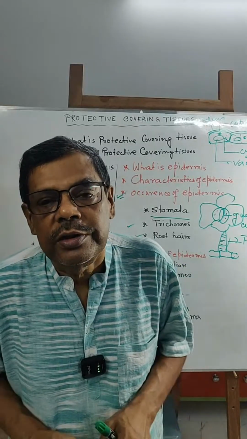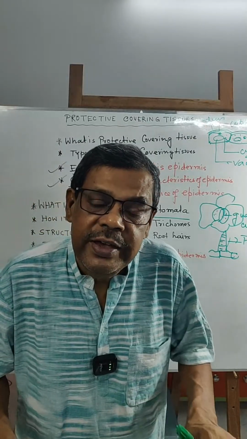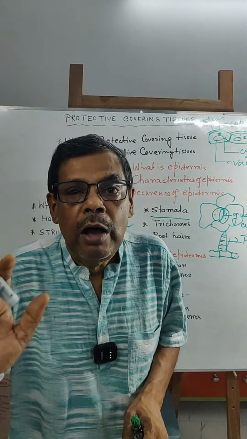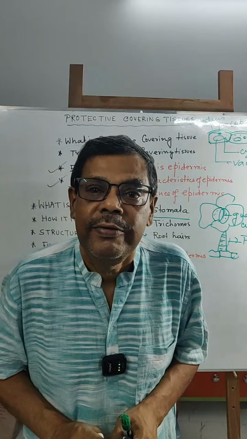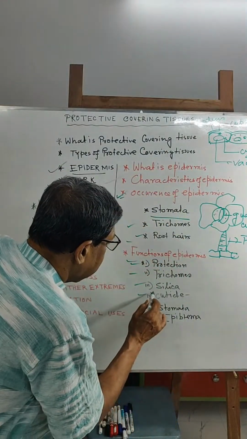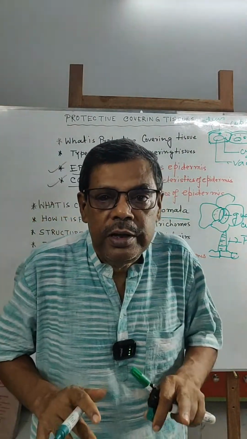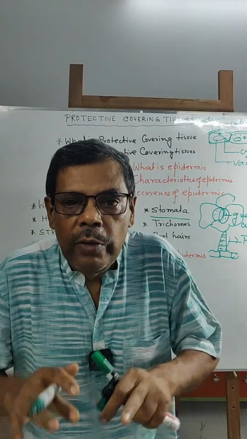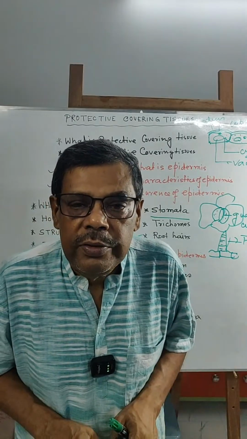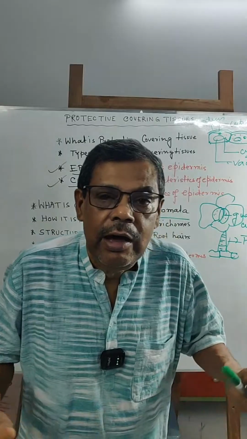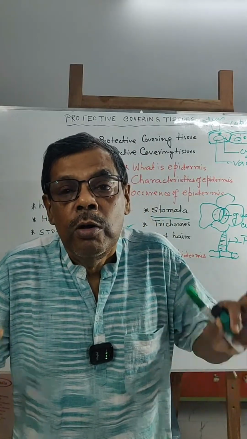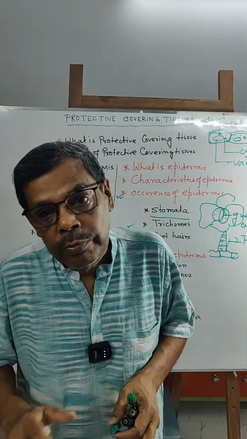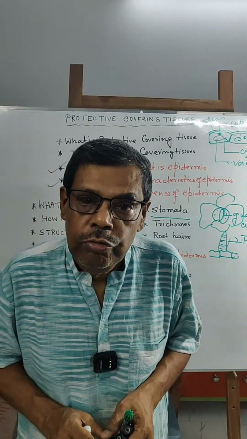This silica prevents the grasses from browsing, that is, from grazing animals. Next, cuticle. Cutin is present on the outside of the epidermis and forms a continuous layer called the cuticle. It prevents the evaporation of water from the underlying tissues.